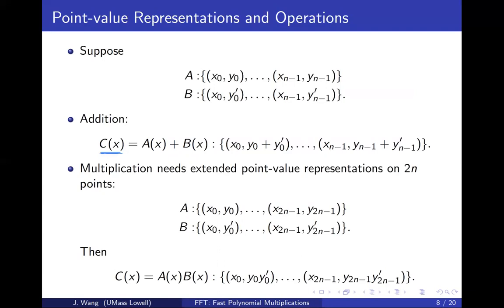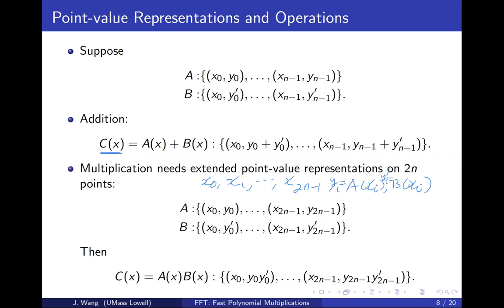So we just set 2n different values x0, x1, and so on. Then we compute a of xi and b of xi, and those are yi and yi prime.